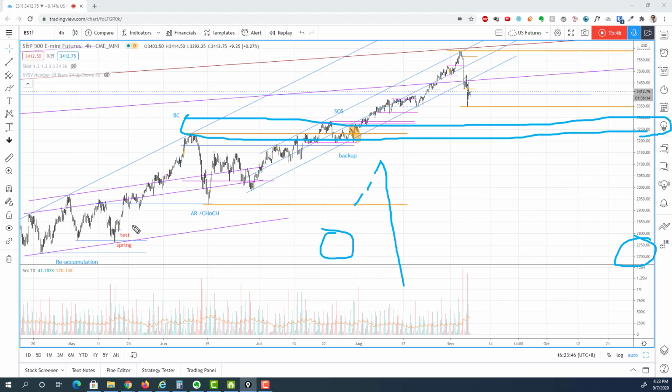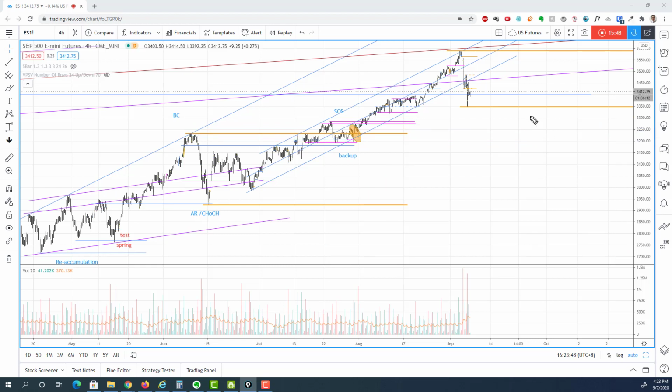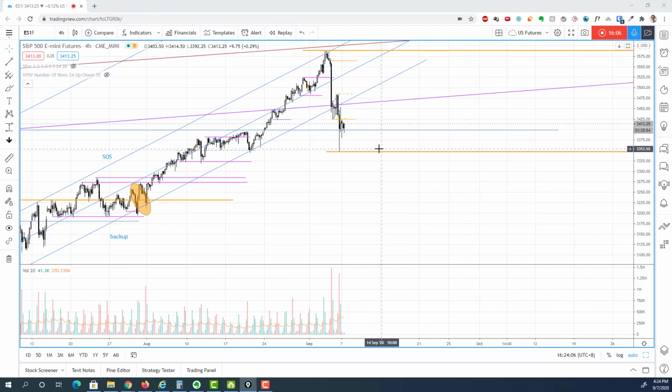Alright, so let me take a look at the other indices. For the immediate bias, I just keep a neutral bias for day trading. As long as we have the chances, either up or down can be traded. But for the intermediate swing, I think we should be able to see an attempt to rally up.